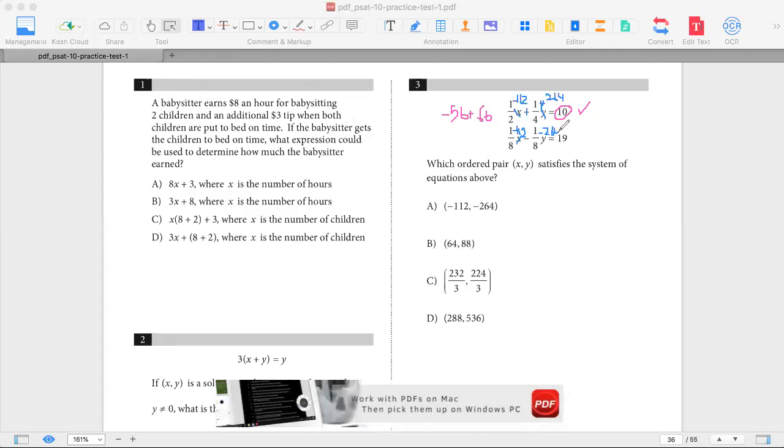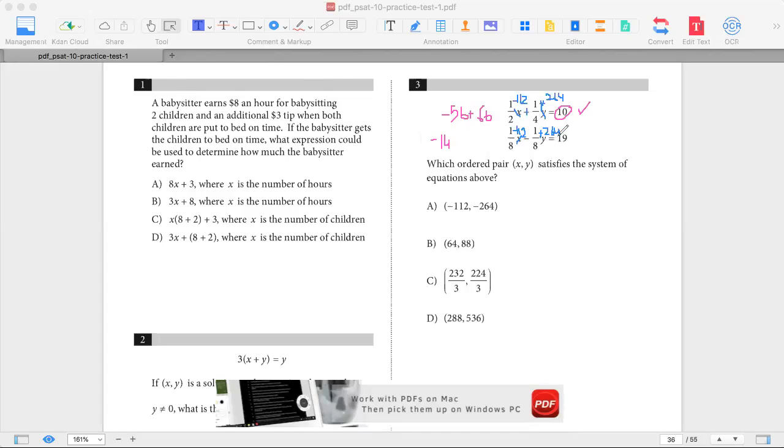And here I have negative and negative together, they will cancel each other and it will be positive. So I have here 112 over 8, so it will be 14. So it will be negative 14.